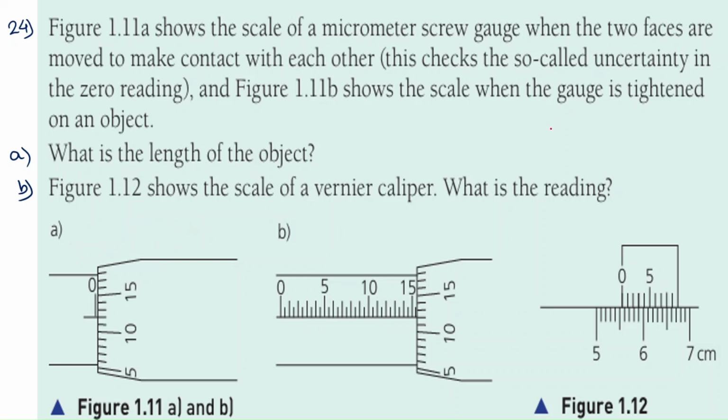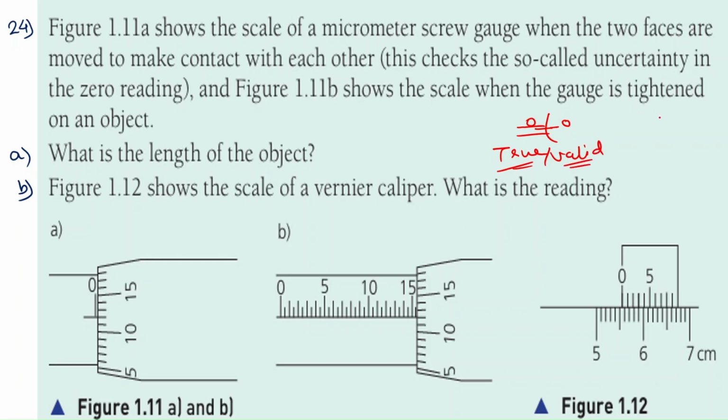Let's suppose that I have a micrometer screw gauge, and the main scale has a zero and the vernier scale has a zero. It means they coincide with each other, so it is a true or valid starting point.